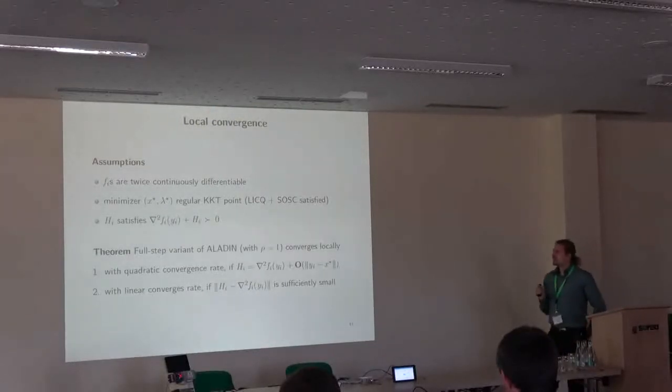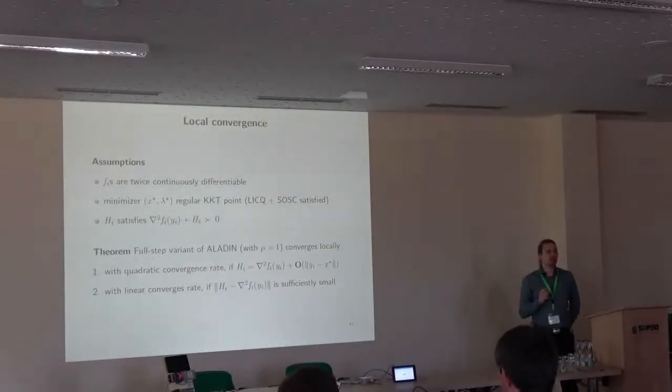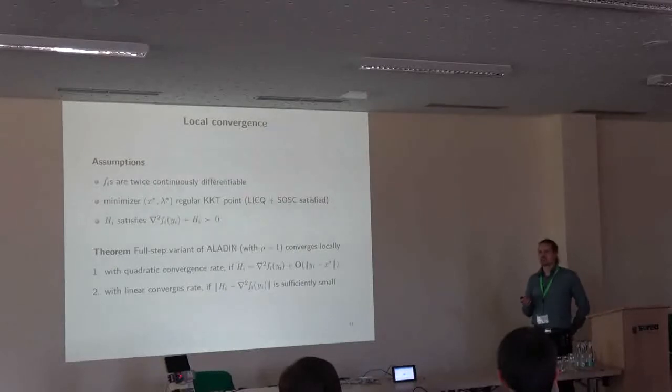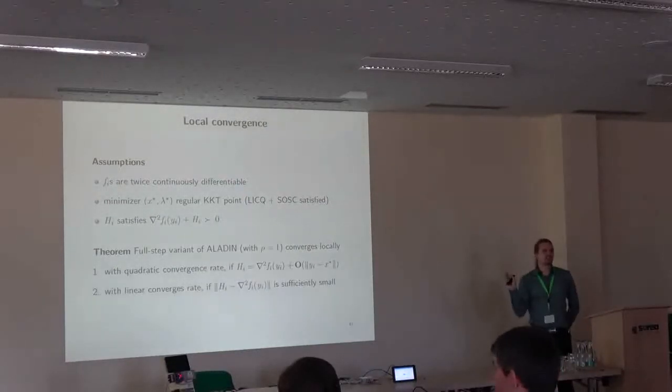The other thing is we get local quadratic convergence under this condition. If you recall my counterexample for ADMM, I just said my assumptions are horrible: the functions fi are assumed to be twice continuously differentiable, which is ugly and not happening in practice. But there is no convexity assumption here.